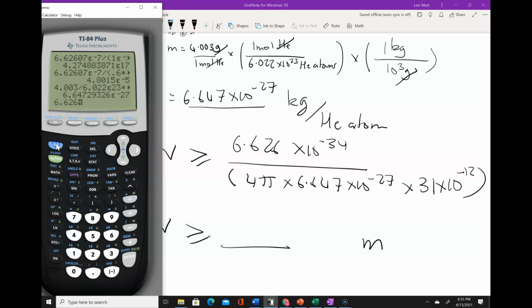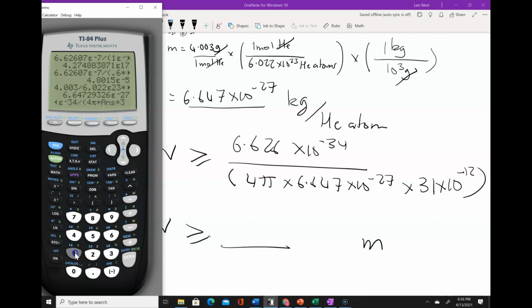6.626 by 10 to the minus 34, divided by parentheses 4 pi times 6. Oh, actually, we can just do this little shortcut here. We can use the answer from before, so we don't have any rounding error. There we go.